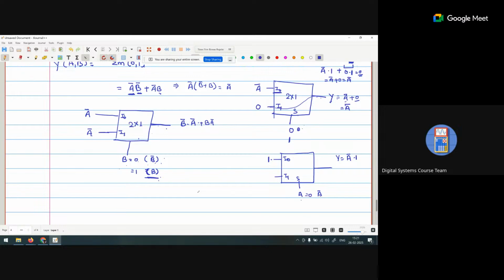When A is 1, it becomes A multiplied with 0, which is 0. So again it is A bar plus 0, and the final answer is A bar. So the same minterm expression, we can implement in three ways using a 2x1 mux.